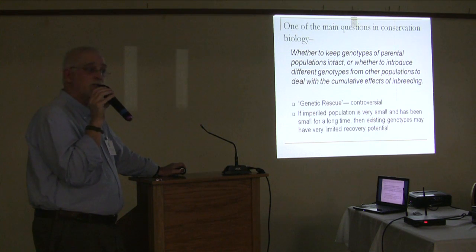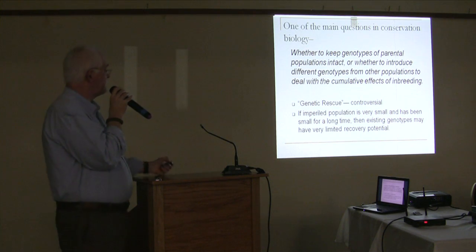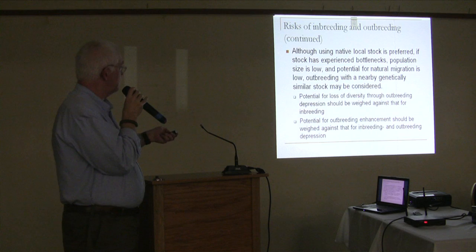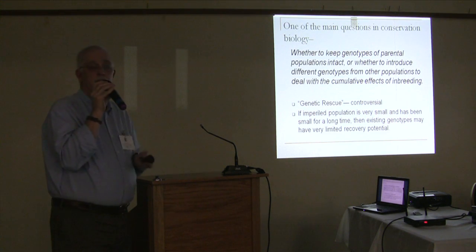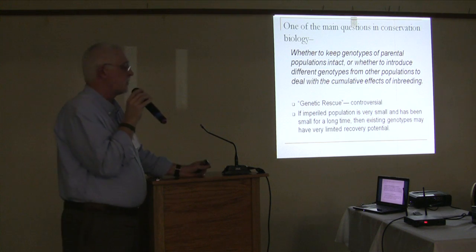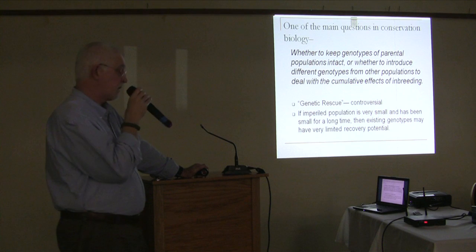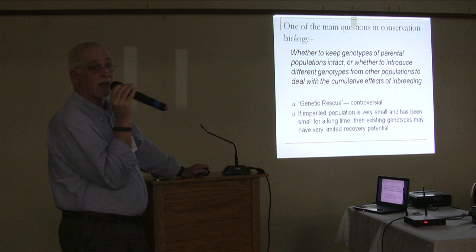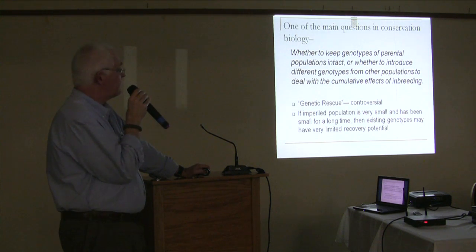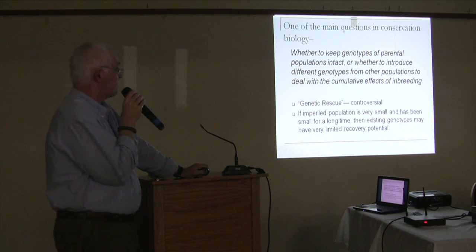You probably will need to do something at some point, and that means outbreeding. The idea of genetic rescue, or this genetic enhancement, is a bit controversial. It's been reported in some species, in Scandinavian wolves, Florida panther, and some others. But it's very controversial as to the way that it worked, or whether it even worked at all in some cases.